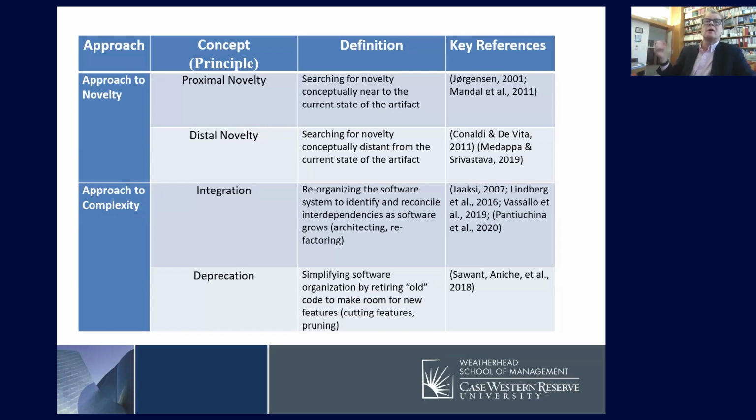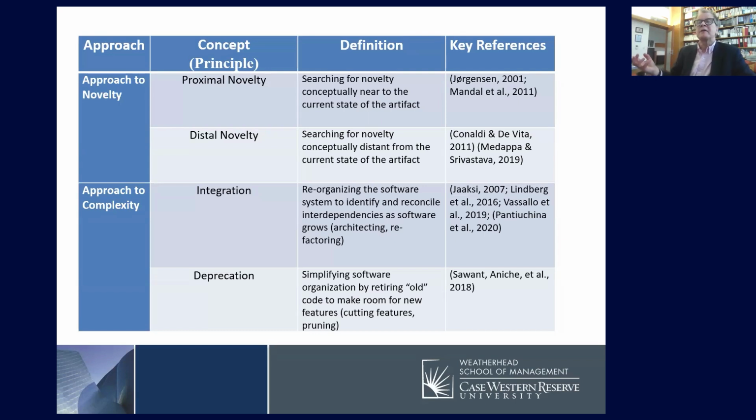Then the other one was how they approach complexity. And one of them was the idea that they will handle the complexity by reorganizing the software in order to reduce the complexity. And they try to maintain the software in its current state and reconcile interdependencies as the software grows.